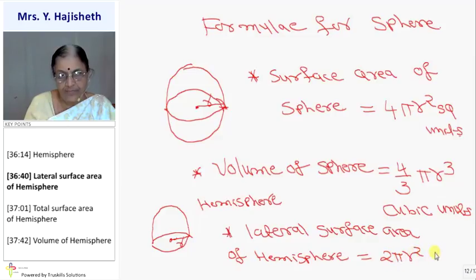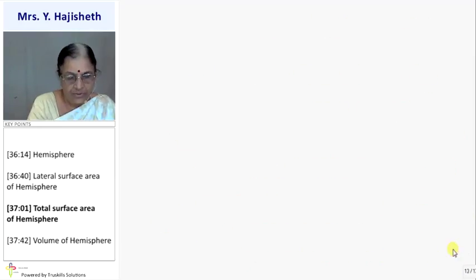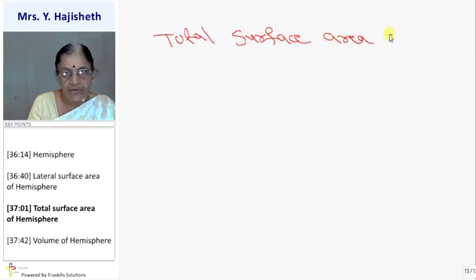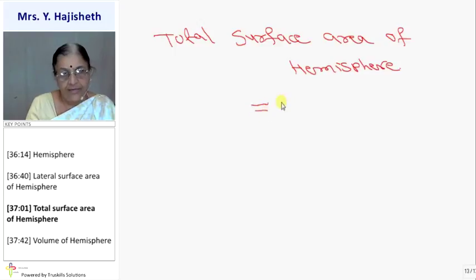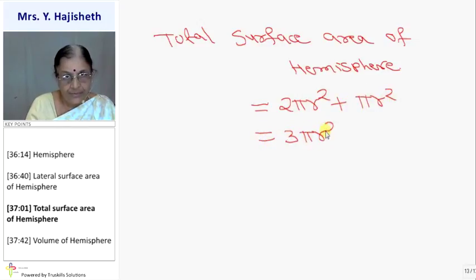Okay, but if you are talking about total surface area of hemisphere, you should not forget the base. It is 2 pi r square plus area of base, so it is 3 pi r square, square unit.